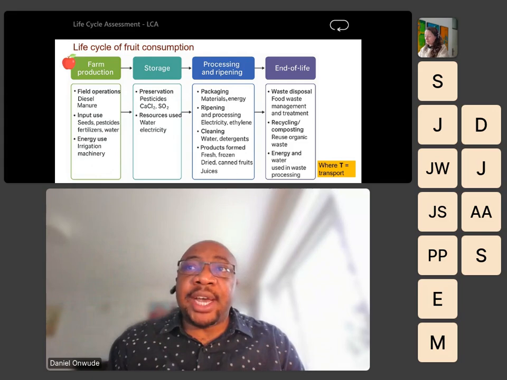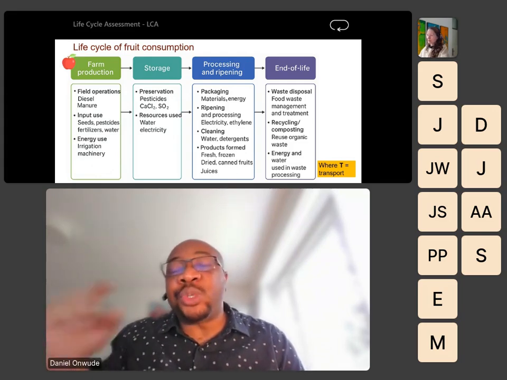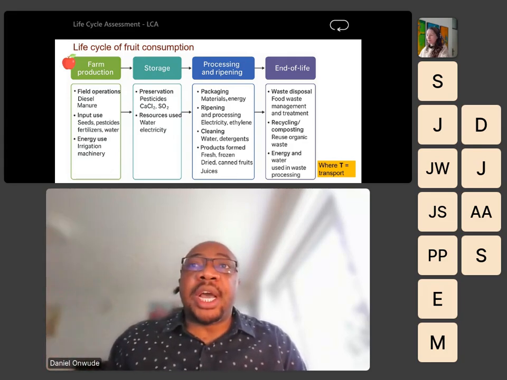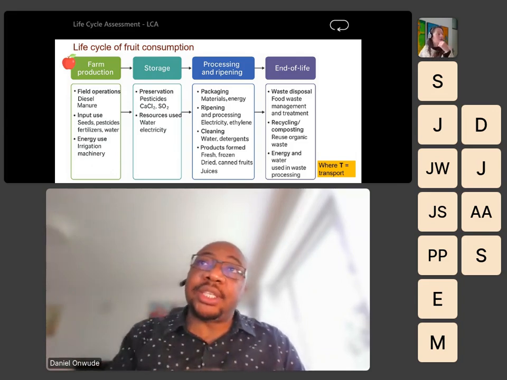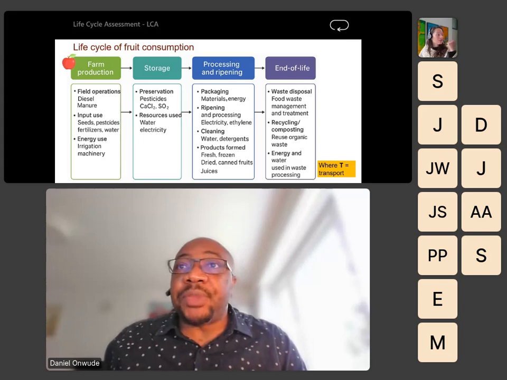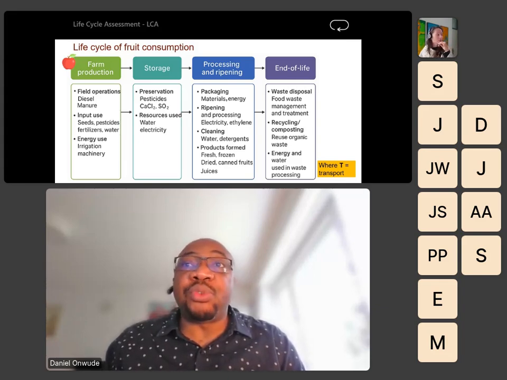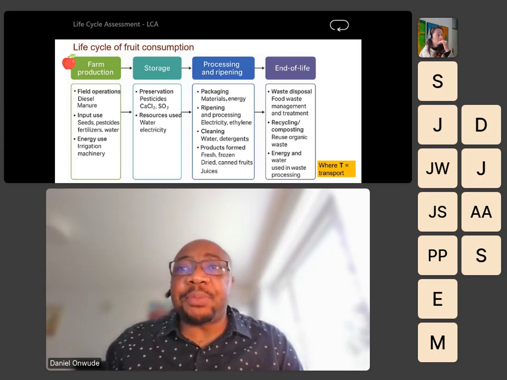And then we have ethylene production, which also has an impact on the environment. We have cleaning. Most times, cleaning uses water, and in some cases detergents, and all these contribute to environmental impacts, right? And then the product could be processed as fresh produce, frozen, dried, and even canned fruit, right?